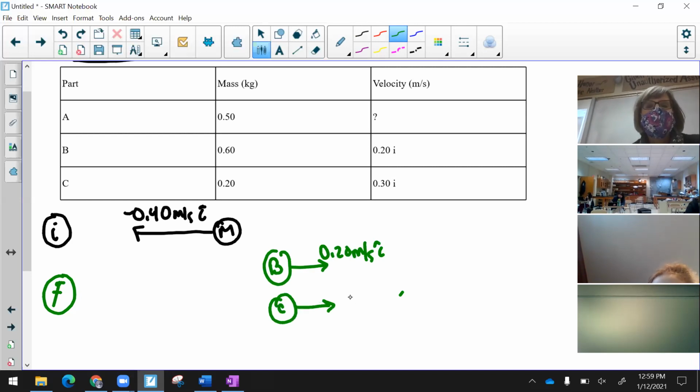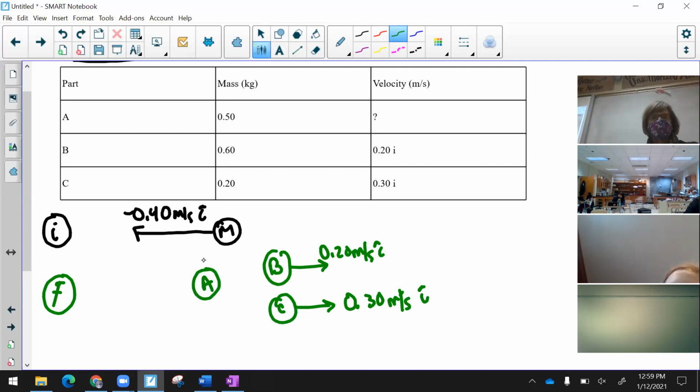Particle C is moving this way at 0.30 meters per second i. And then I have particle A.